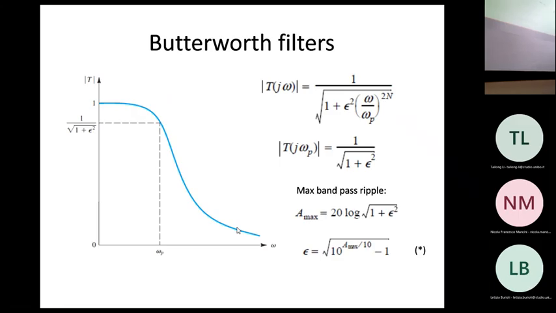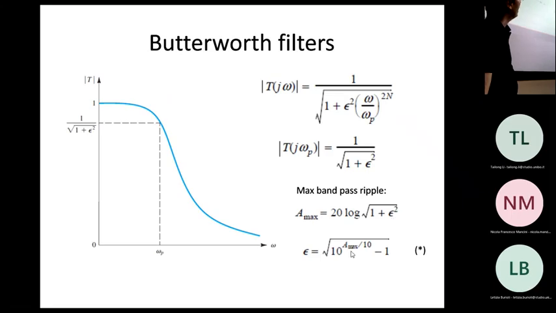Okay, so basically the idea, let me try to see if this is working as well. The idea is that you start from the specification that you have concerning A max to define the value of this parameter epsilon.